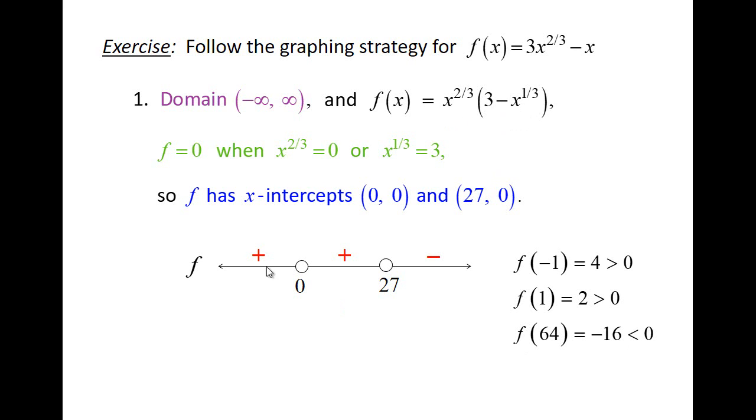So basically f is positive on the left side of 0, in between 0 and 27, and negative after 27.